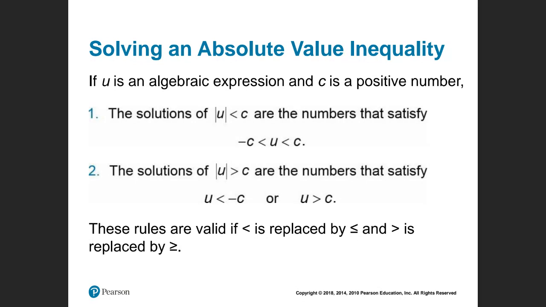The solution of absolute value U greater than C are the numbers that satisfy U less than negative C or U greater than C. These rules are valid if less than is replaced by less than or equal to, and greater than is replaced by greater than or equal to.